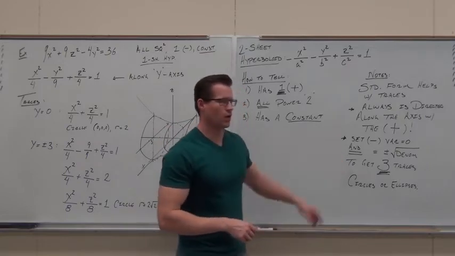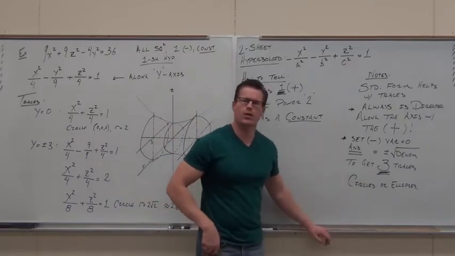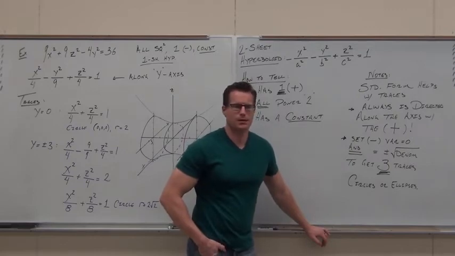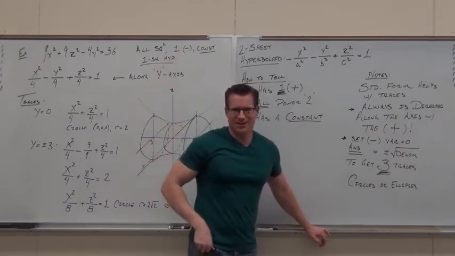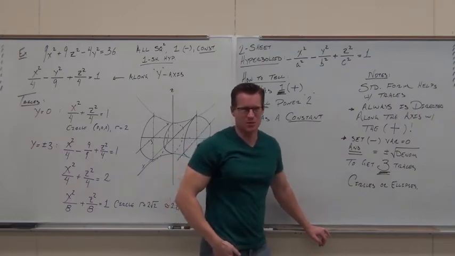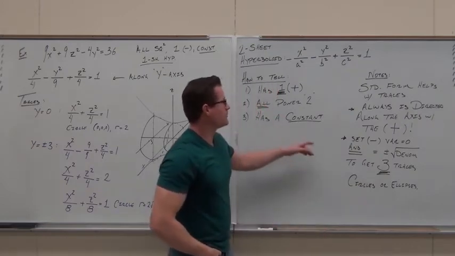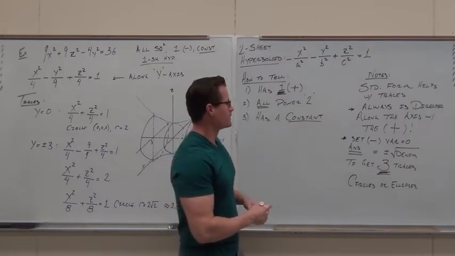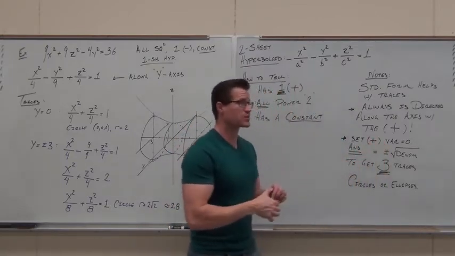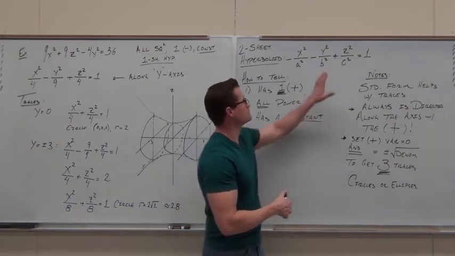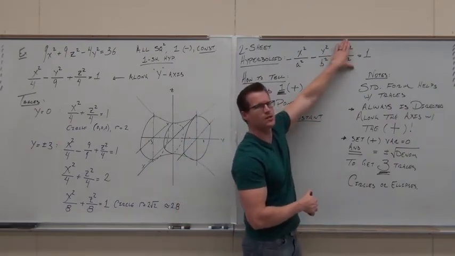This is going to change a lot, this part, and I want to show you why. Here's the why. If I set the plus variable to 0, check that out mathematically.